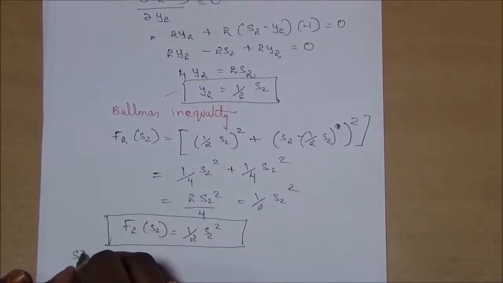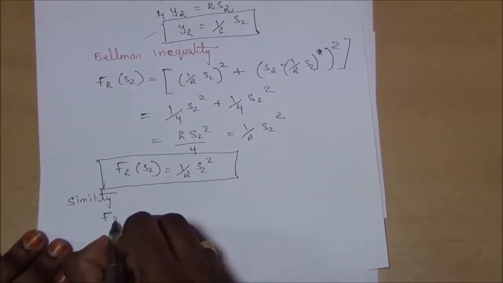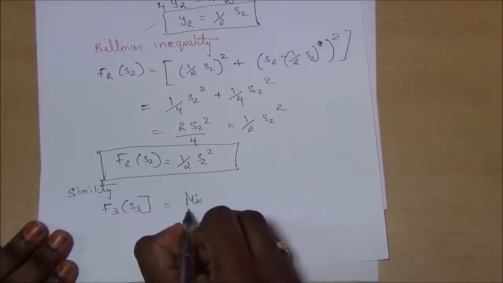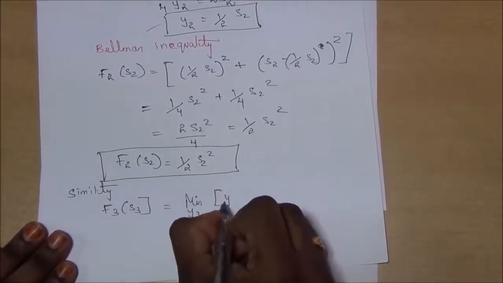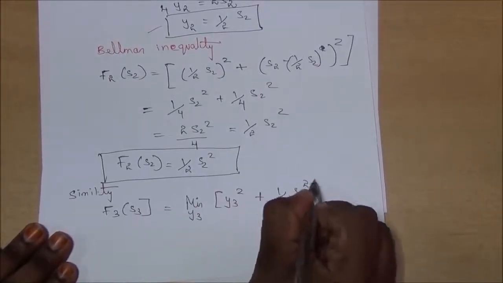Similarly, we have to calculate the f3 function, f3 of s3. The function is the minimum over y3 of y3 the whole square plus 1 by 2 s2 square.